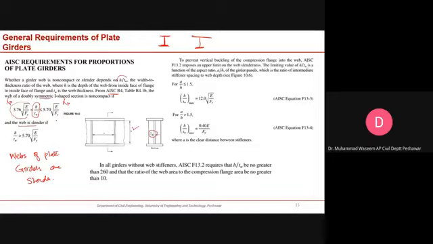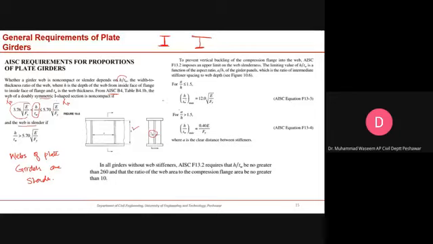Whenever you are solving plate girder examples, whether you are evaluating the flexure capacity of the plate girder, first you have to check the slenderness of your web. Is it compact, non-compact, or slender?